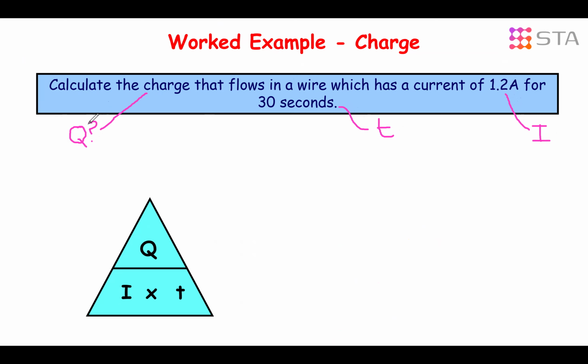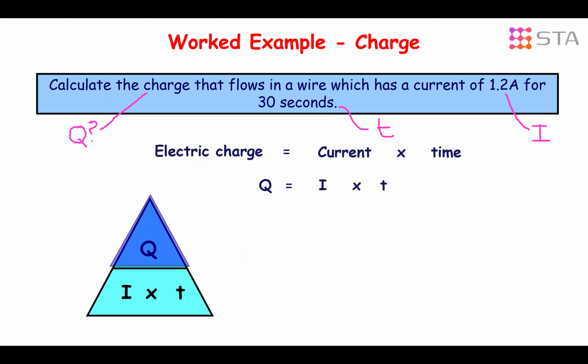Now, when you rearrange the equation and/or the formula triangle, you get Q equals I times T. So electric charge is current times time. Q equals I times T. So it looks a bit like quit. Okay, that can be a nice, quick way of remembering that.